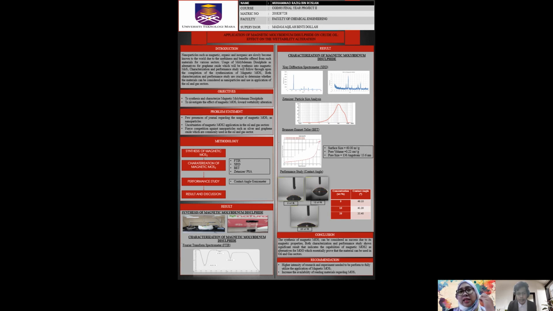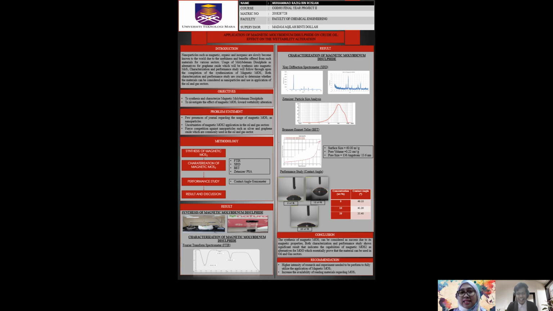So wettability ni, you differentiate dia based on the hydrophilic ataupun hydrophobic ataupun oleophobic ataupun oleophilic ataupun super hydrophilic. So all the contact angles tu dia ada range dia. So how do you define you punya nanoparticle ni? It contributes to what type of surface?